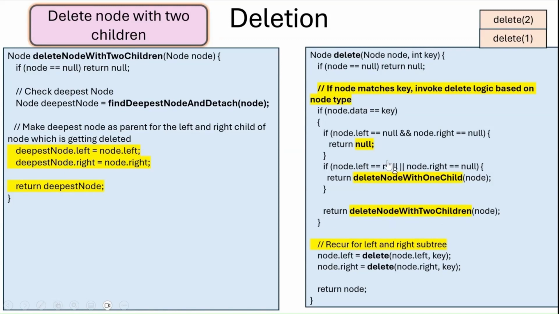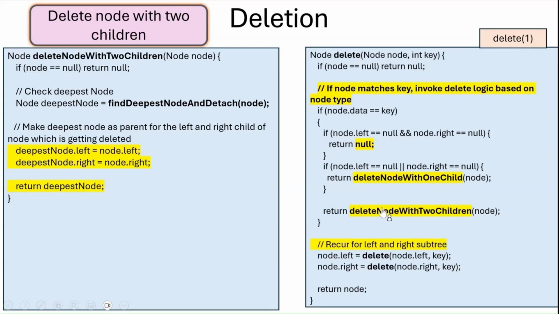It will return. So it will basically go back to the previous execution, which is the delete function execution with node 1. And it will come here because node 2 was on the left side. And now the left child of node 1 will become the deepest node, which is node 5, which we had returned from the delete function execution for node 2.